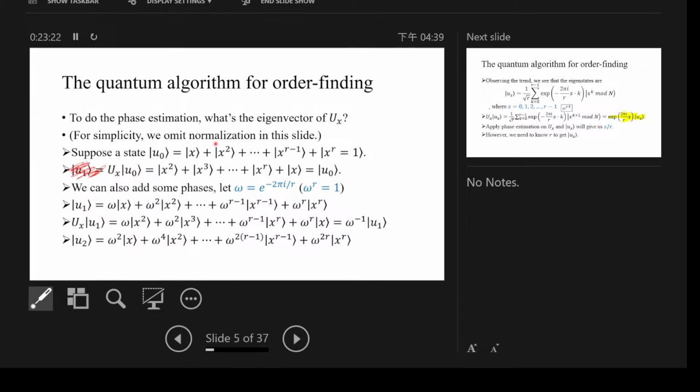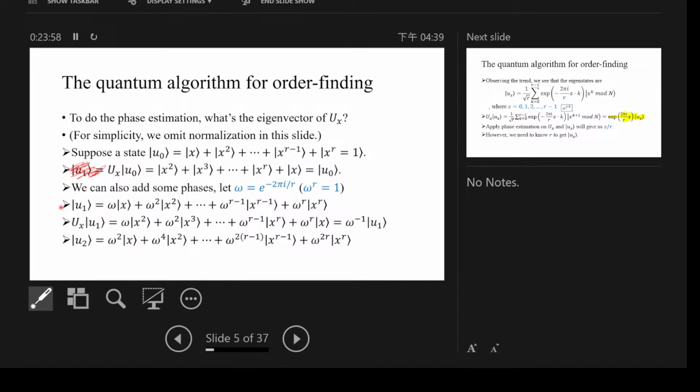You apply UX on it, and then x becomes x squared, becomes x cubed, etc., and x to the r minus 1 becomes x to the r, which equals 1, and 1 times x becomes x. So you see that you apply UX on this and you just cyclically permute all those basis states, but this addition doesn't care about ordering, so you just go back to U0. So this state has eigenvalue 1.